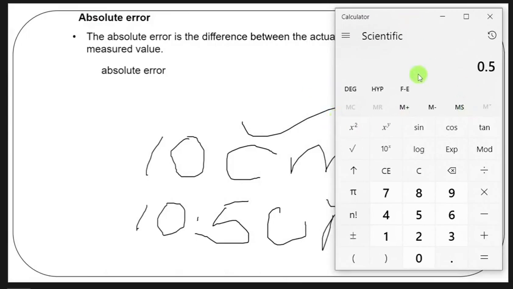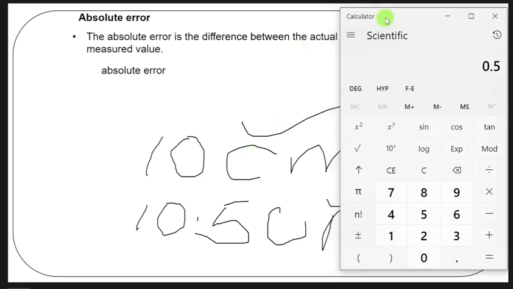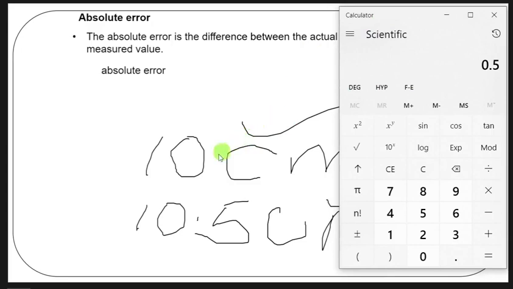So absolute error is represented in another concept where you get the measured value, because maybe you measured 10.5. You didn't get exactly the 10 centimeters, because you are not expected to get exactly the 10 centimeters. So you can be away by 10.5, or you can be closer to 10 by 9.5.